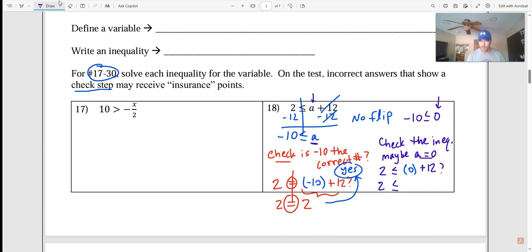The right side, 0 plus 12 is 12. So yeah, that's true. So it seems like negative 10 is my correct number, and then not flipping the inequality worked. So there you go. There's my final answer, and I did the check step. I'll do that maybe on a couple more problems showing the check step, but otherwise I'll just remind you what the check step is. So I was just going to do the evens.